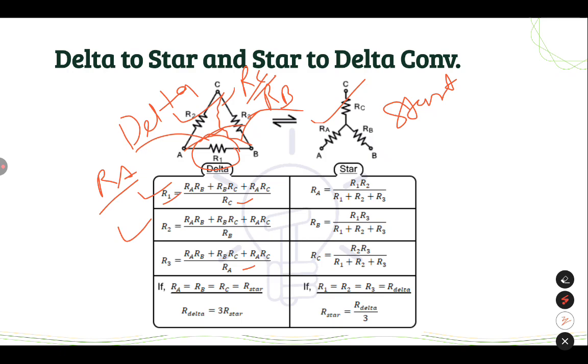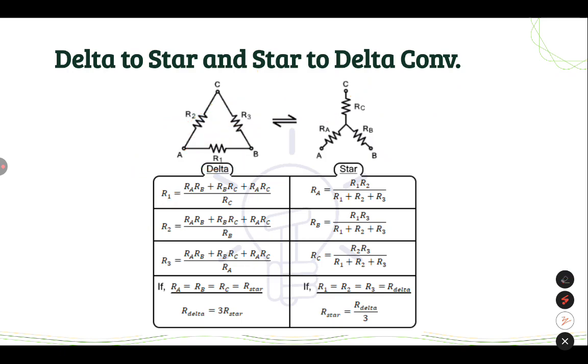Now in the other case, delta to star, how can you remember? Again redraw a star inside. We have to find out this RC, this RB and this RA. Suppose we have to find out RC.